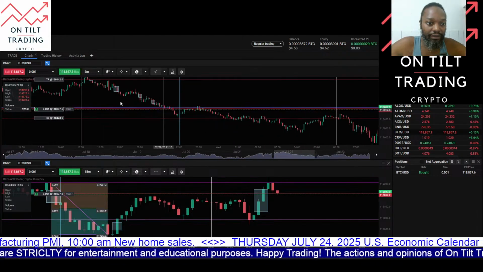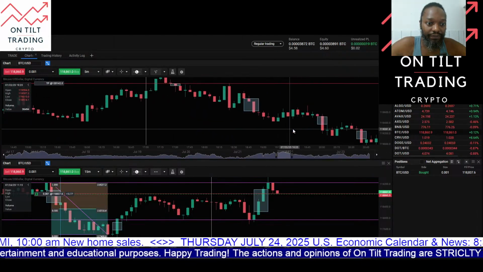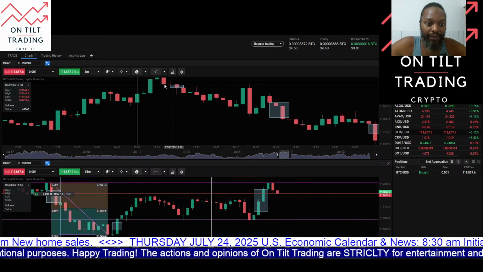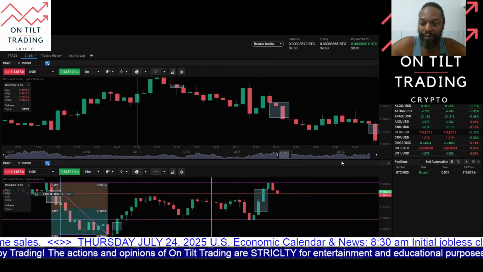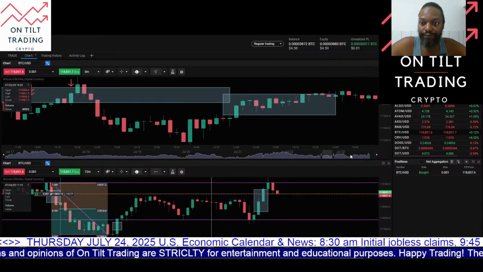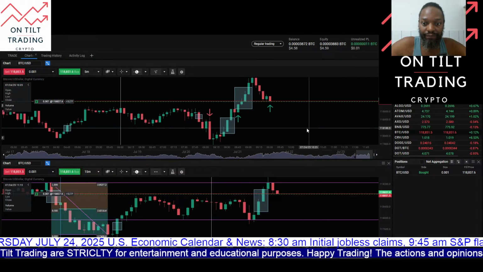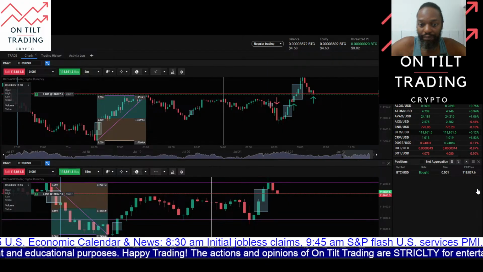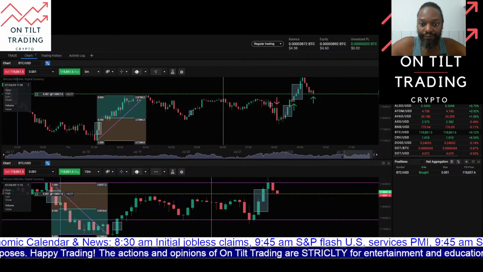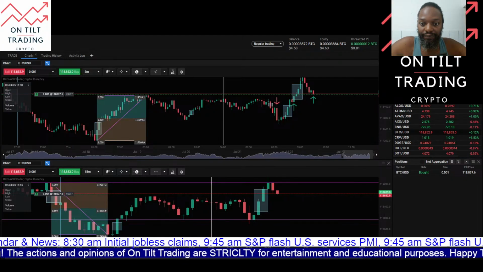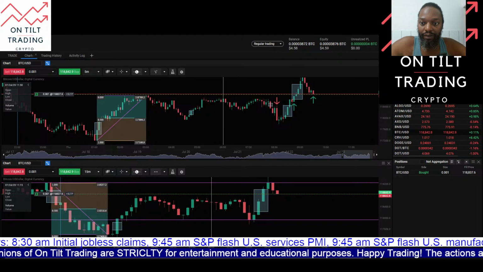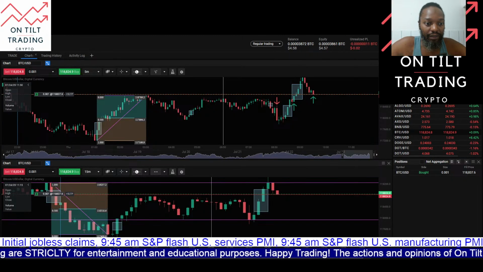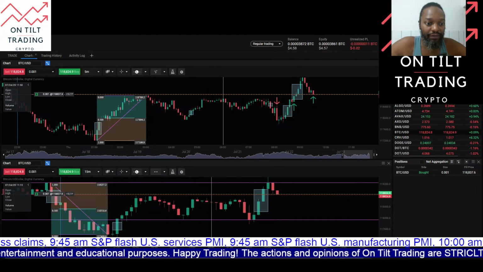So ideally we're going for a rebalance of the fair value gap here. You can see the pattern here. So you're seeing the buy side delivery.